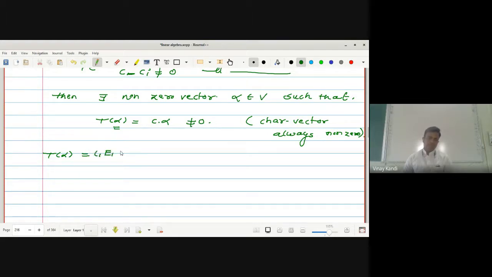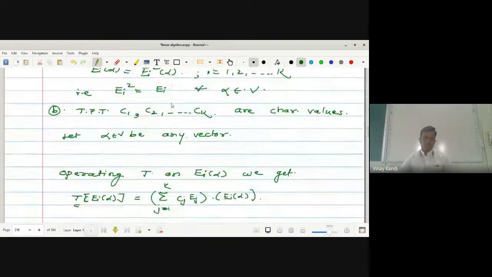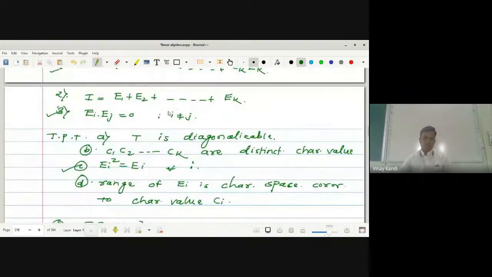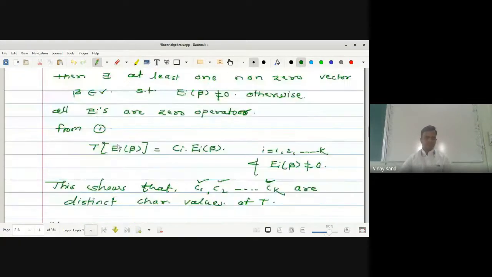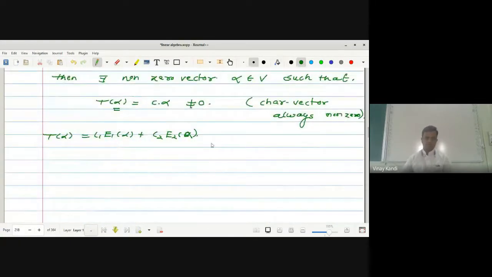From condition 1, T of alpha we can write as C1 into E1 of alpha plus C2 into E2 of alpha plus up to Ck into Ek of alpha.